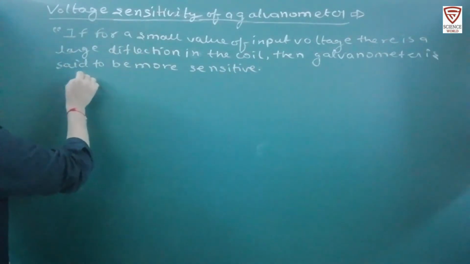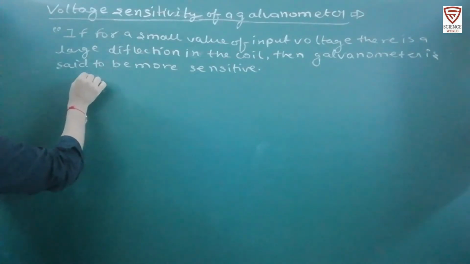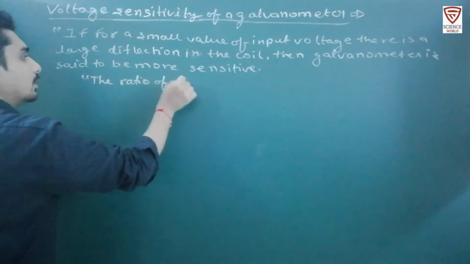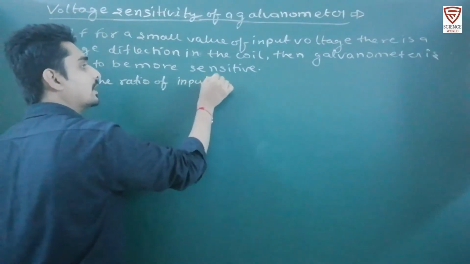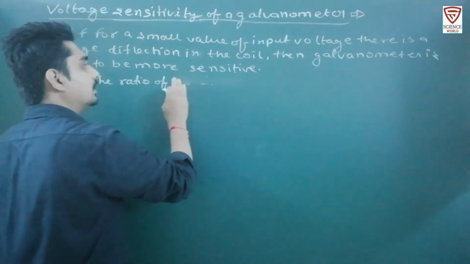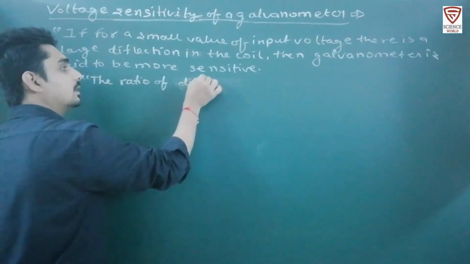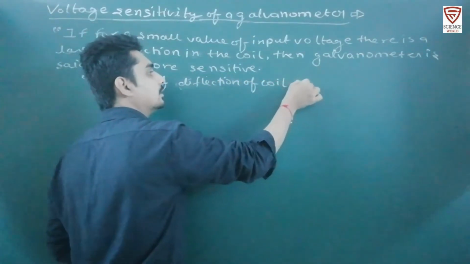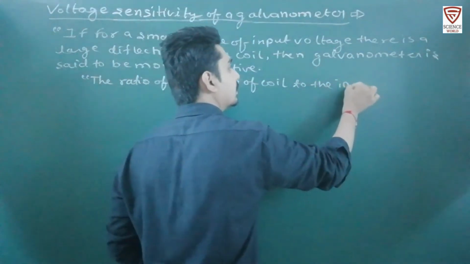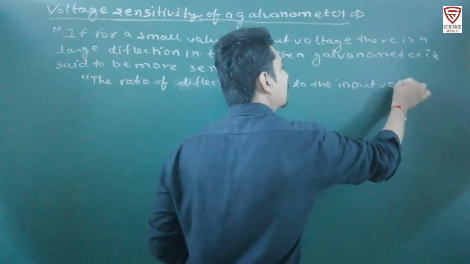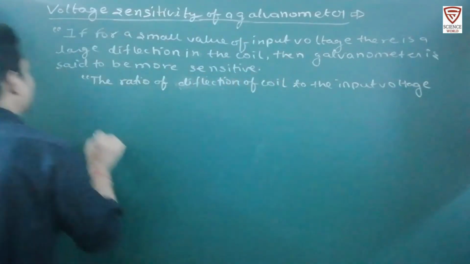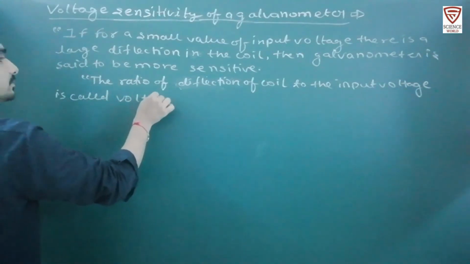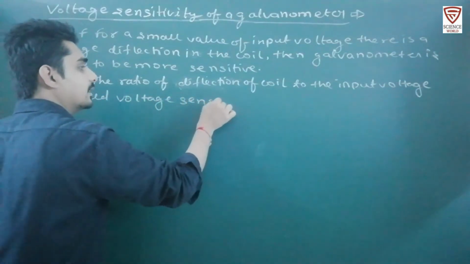So we can define it: the ratio of deflection of coil to the input voltage is called voltage sensitivity.